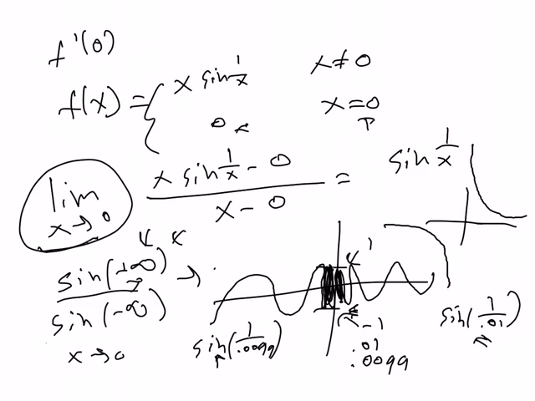But the idea is sine is bounded, and it's going to start jumping back and forth as this number is changing drastically, because this number and this number are very different, and so it's going to start jumping back and forth very quickly.